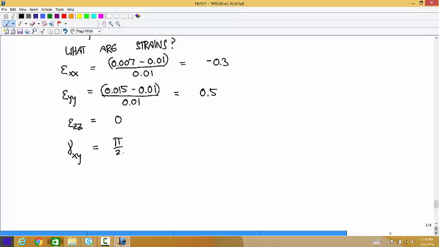So pi over 2 minus 1.3 gives 0.271 about. We can't see the angle change between the x face and the z face, or the z face and the y face. So gamma xz is equal to gamma yz is equal to 0. So this is the complete state of strain.